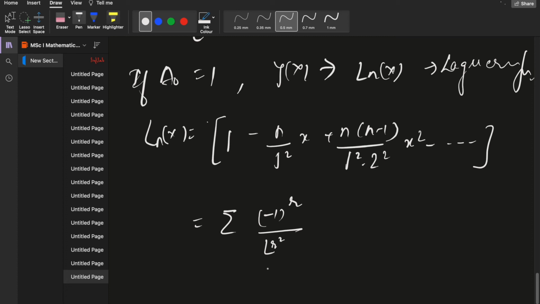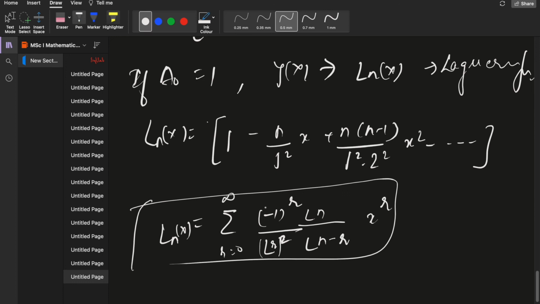Alright, I can write factorial r square. Now in the above we can see n, n minus 1 factorial. So I can write factorial n here and n minus r here, and the rest of the quantity x. So r can run from 0 to infinity. So this is your L_n(x).